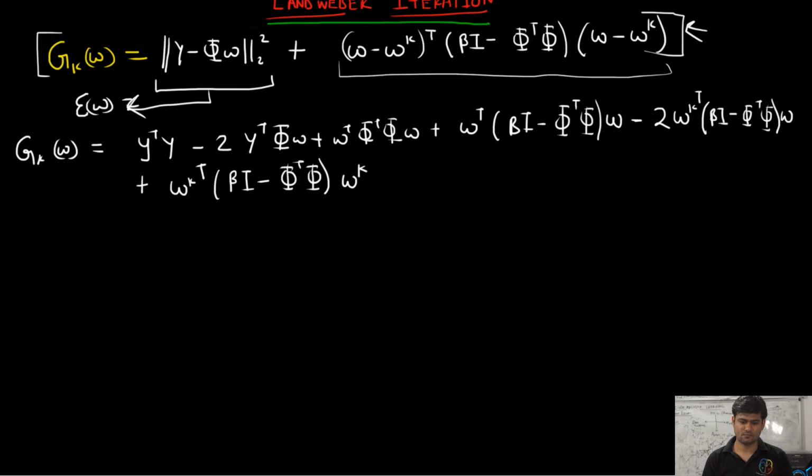So this term is cancelled by this term, right? So you can cancel this out, and the resultant function we have is beta times w transpose w.